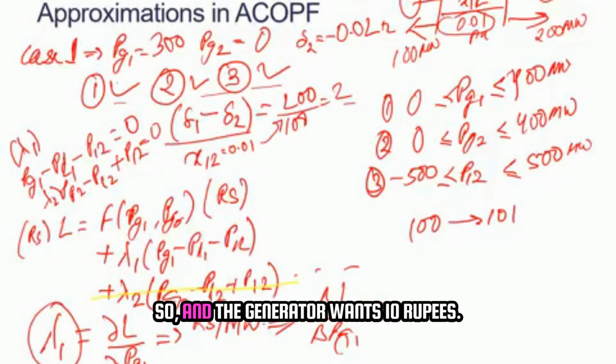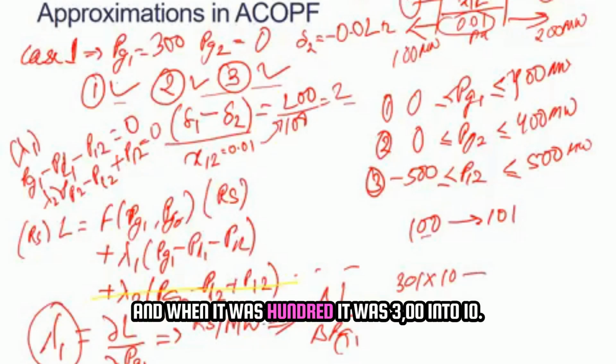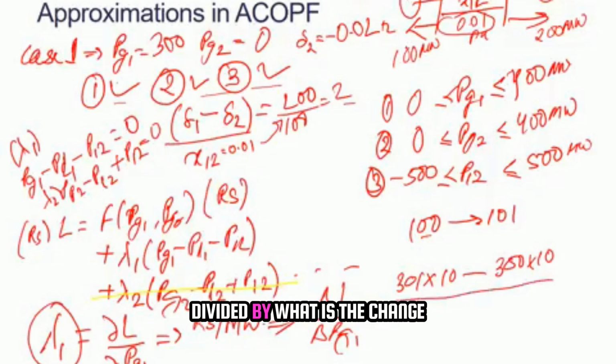And the generator wants 10 rupees. So it will be 301 into 10, right? And when it was 100, it was 300 into 10, right? Divided by the change in the load, or the change in the generation that has happened, which is 1 megawatt.